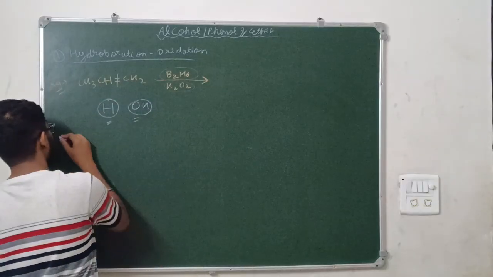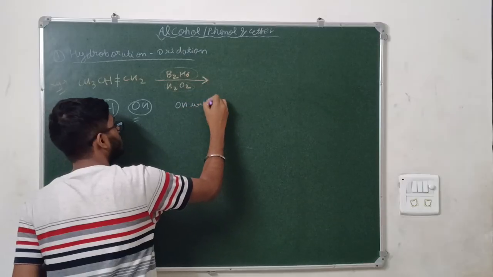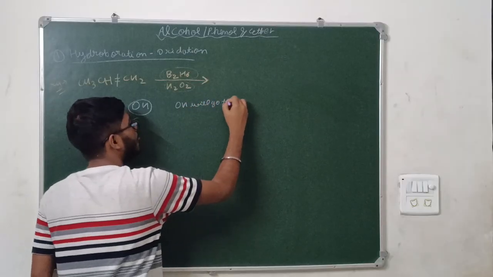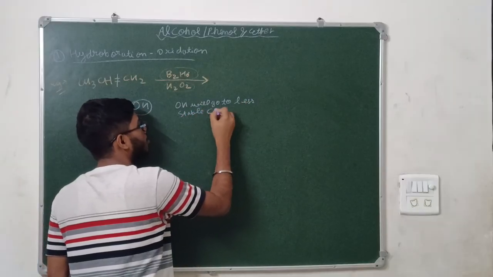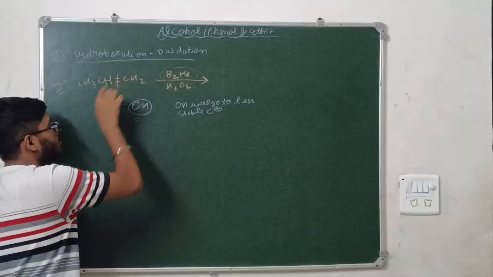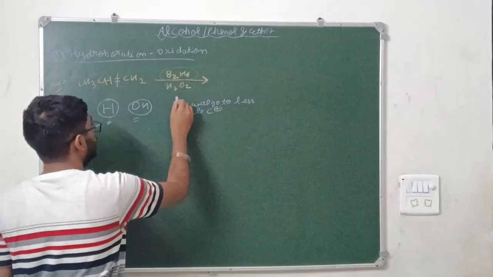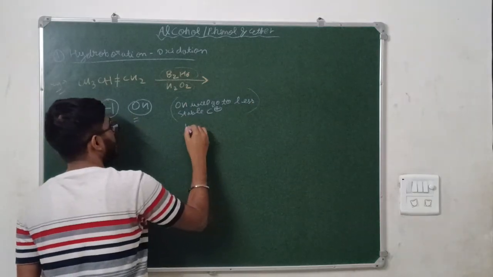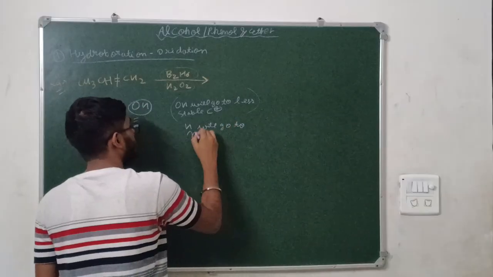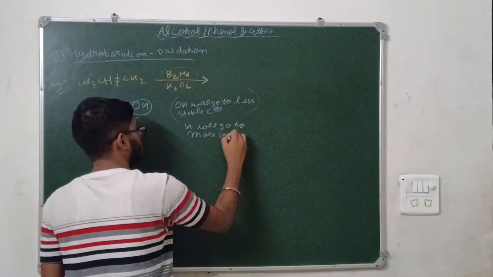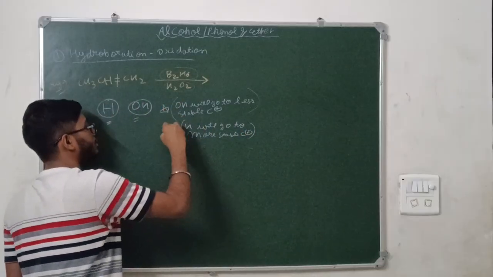The trick is, OH will go to the less stable carbocation. If you break this double bond, then obviously carbocation will occur. So OH will go to the less stable carbocation and H will go to the more stable carbocation. This is the basic and very important trick for hydroboration oxidation.